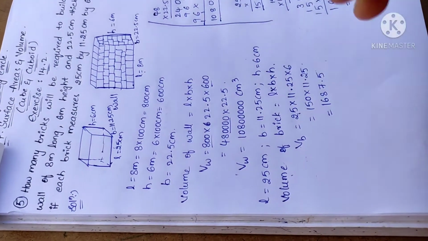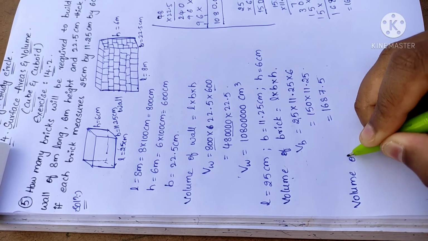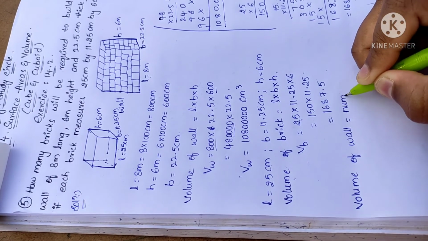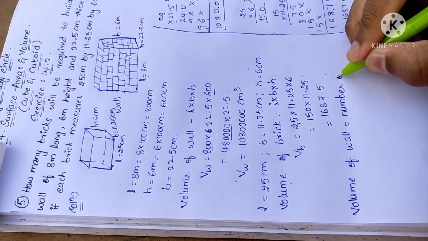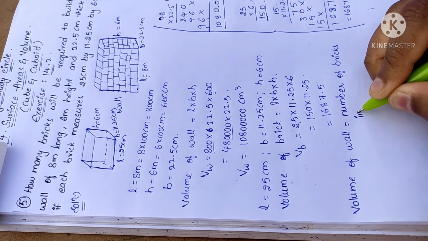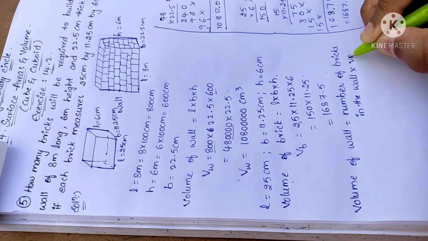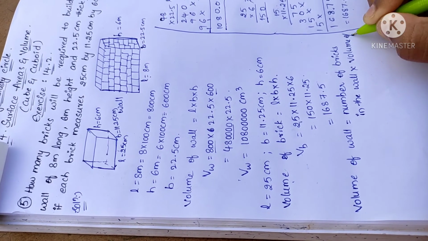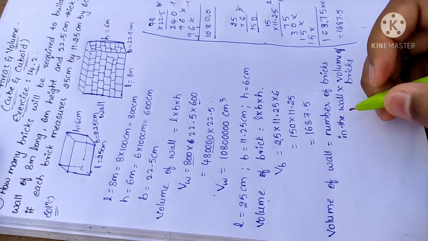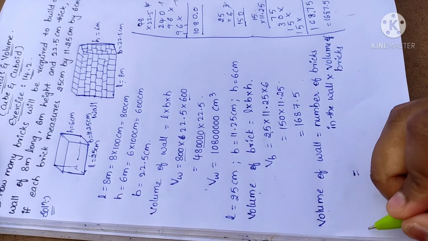Here we have to find number of bricks in this wall. So the formula is volume of the wall equal to number of bricks in the wall into volume of each brick. So here we have volume of the wall 108,000,000 centimeter cube and volume of the brick 1687.5 centimeter cube. So here we can substitute these values in this formula. So the volume of wall equal to 108,000,000.